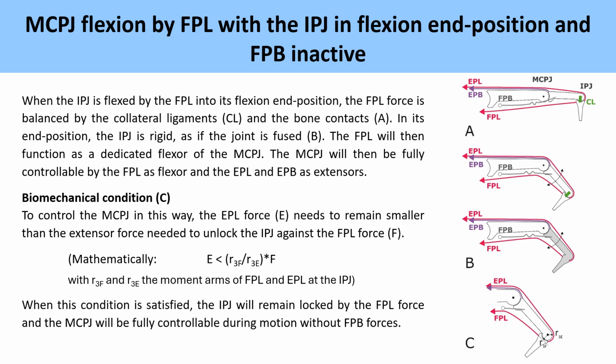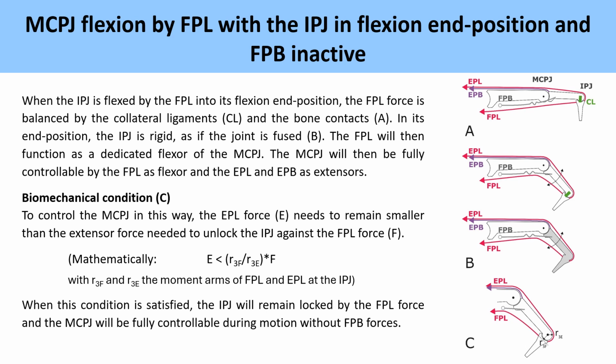MCP joint flexion by the flexor pollicis longus with the IP joint in its flexion end position and inactive flexor pollicis brevis. When the IP joint is flexed by the flexor pollicis longus into its flexion end position, the FPL force is balanced at the IP joint by the collateral ligaments and the bone contacts.